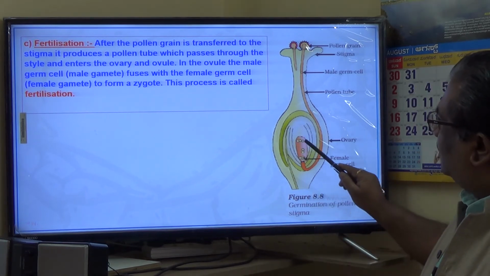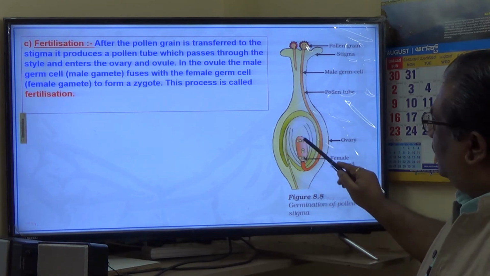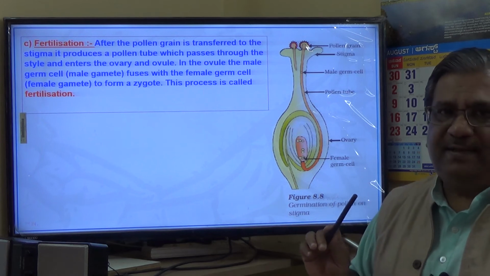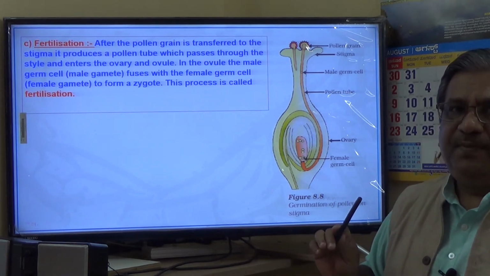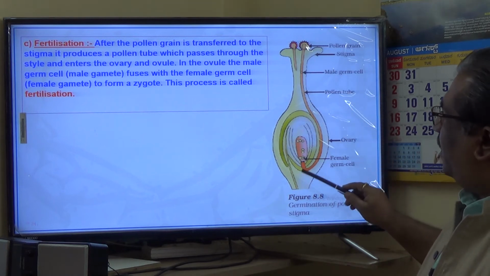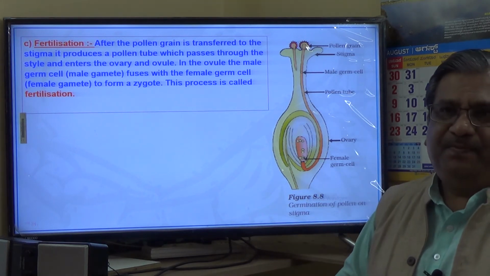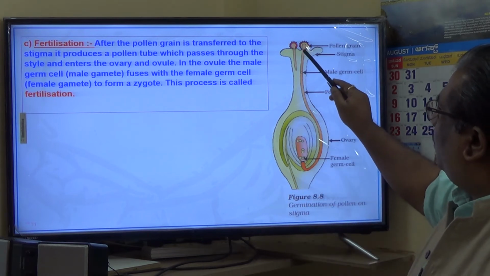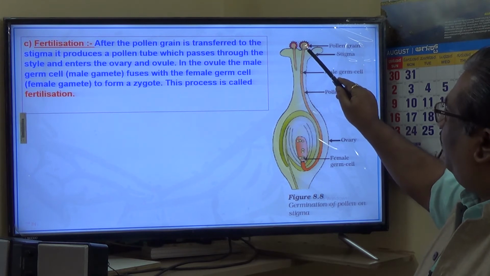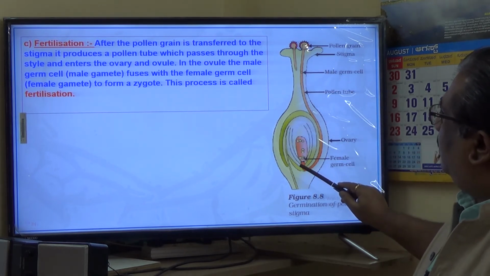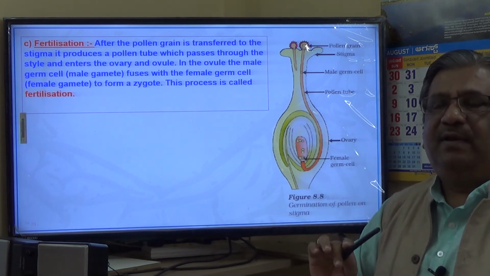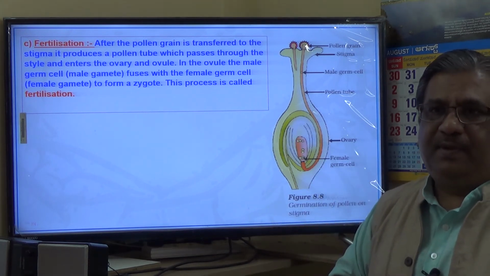In the ovary, there is glucose present, which is a sweet substance, because of which this pollen tube starts developing and moves towards the glucose. Therefore the growth of a pollen tube from the pollen grain at the top of the stigma into the ovary through the style is an example of chemotropism. Clear?